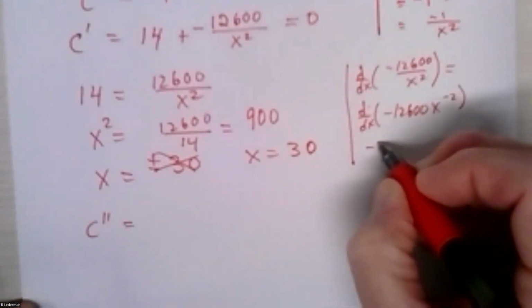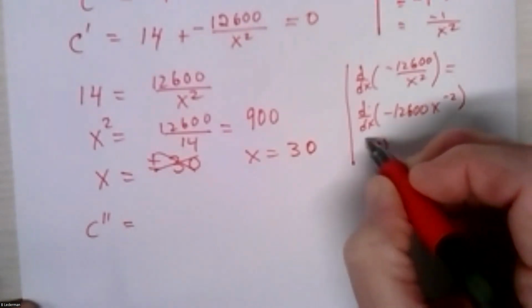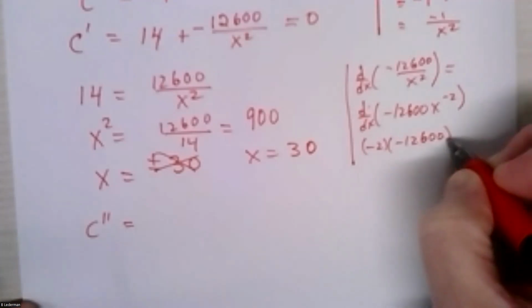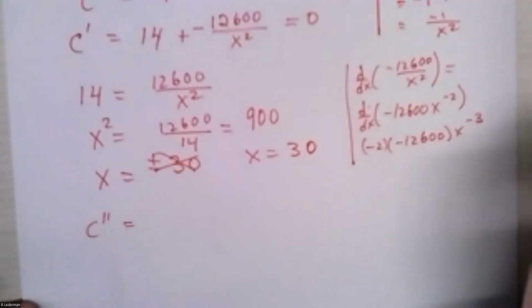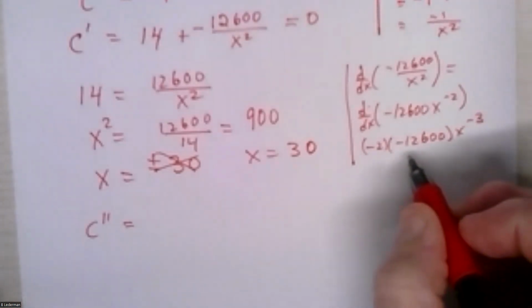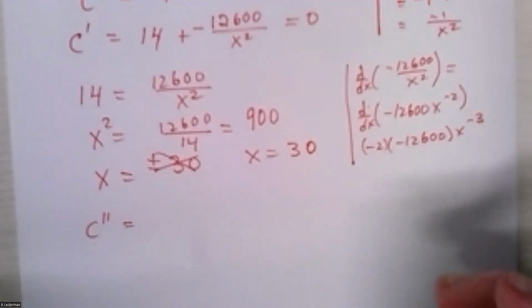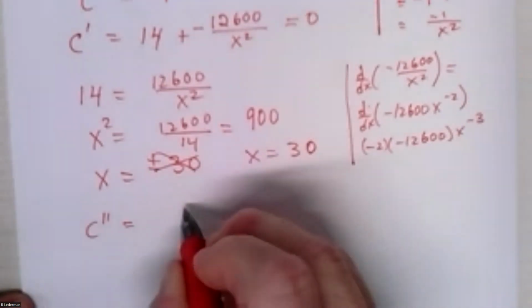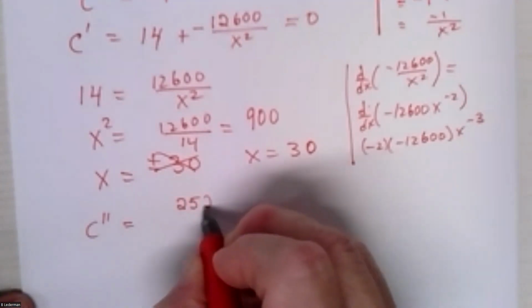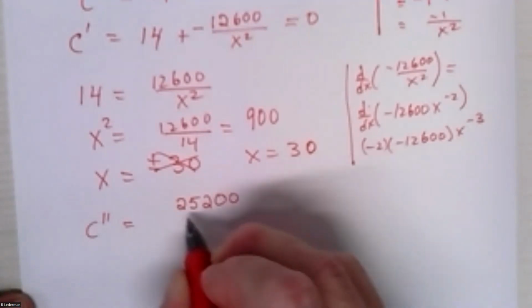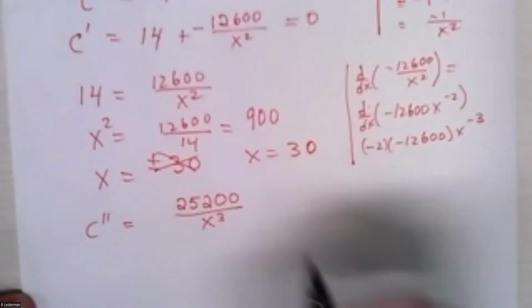So it's going to become negative 2 times negative 12600 times x to the negative 3. That comes out to be, let's see, 126 plus 126 is 252, so positive 25200 over x to the third.